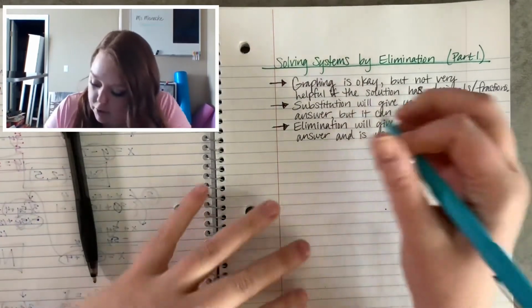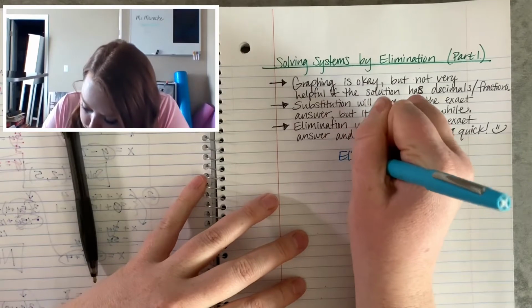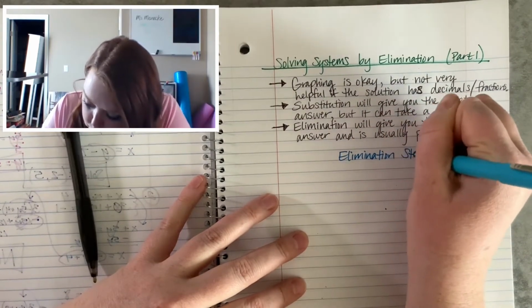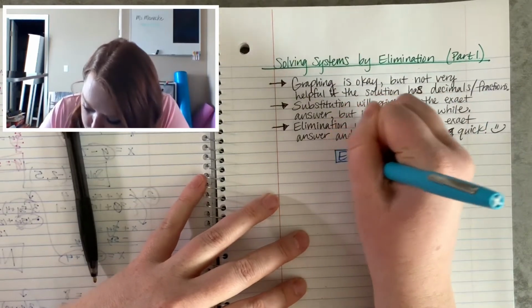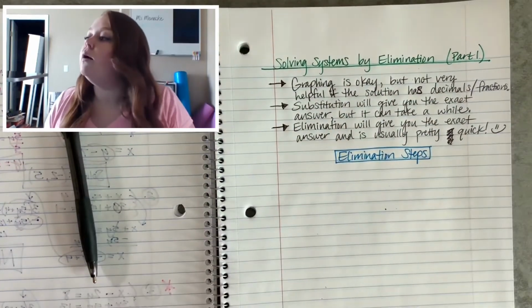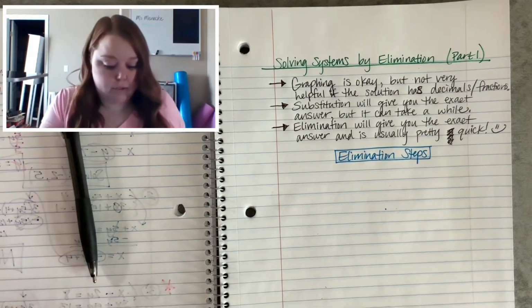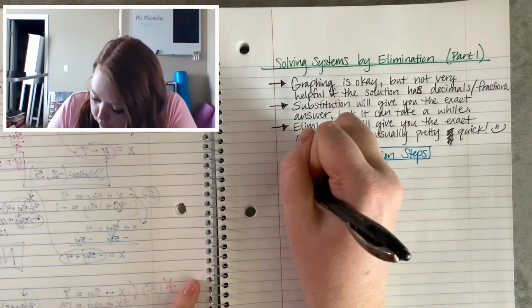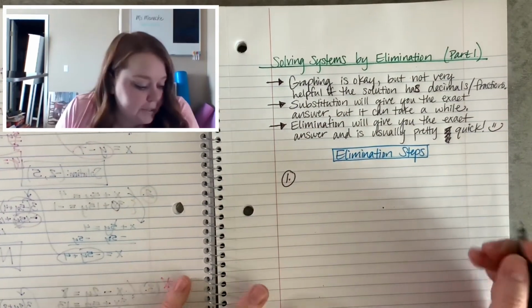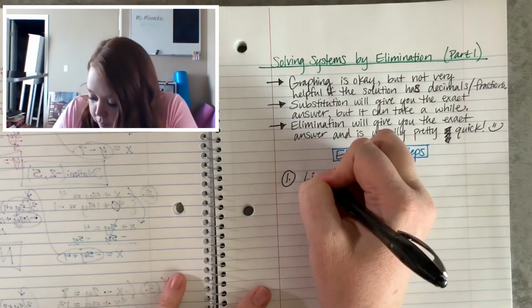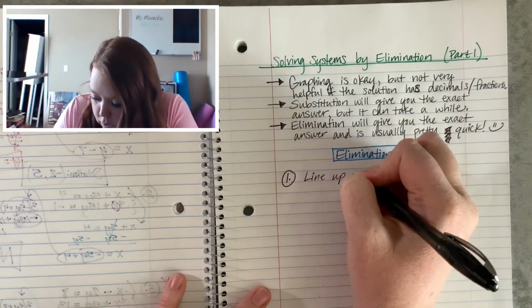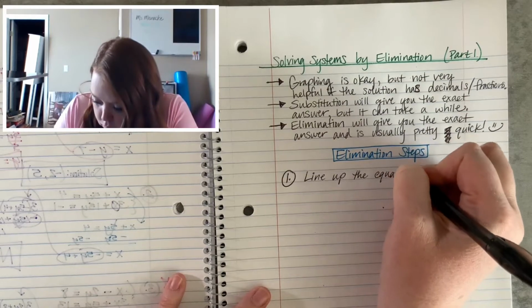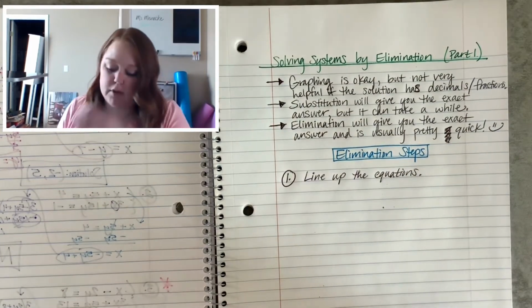Okay, so here are your elimination steps. This works for any system if you're trying to use elimination. Step 1, line up the equations.